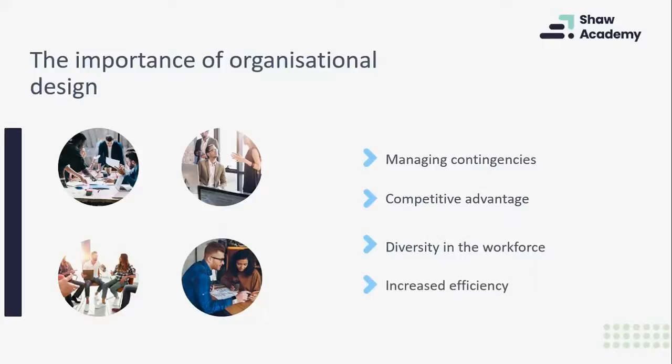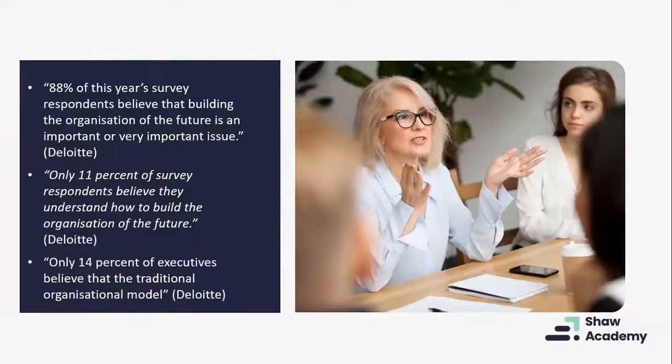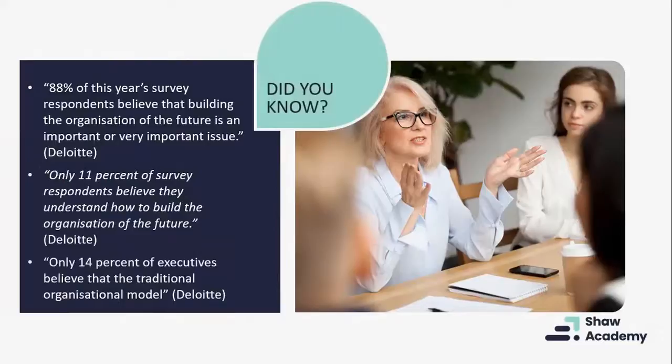Next up, I want to share a few facts with you guys before we move on. Did you know 88% of this year's survey respondents believe that building an organization of the future is an important or very important issue? Only 11% of survey respondents believe they understand how to build the organization of the future.